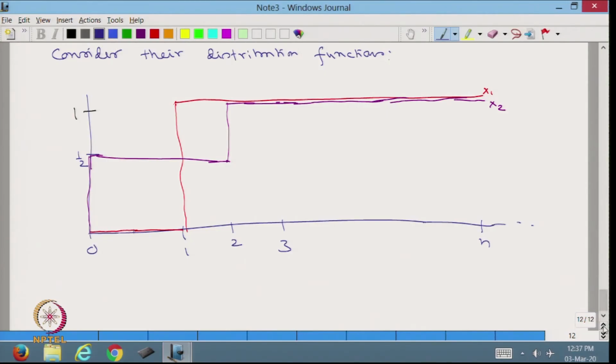What about X3? X3 takes the value 0 with probability 2 by 3, and it takes the value 3 with 1 by 3. Therefore, its distribution function will be something like this.